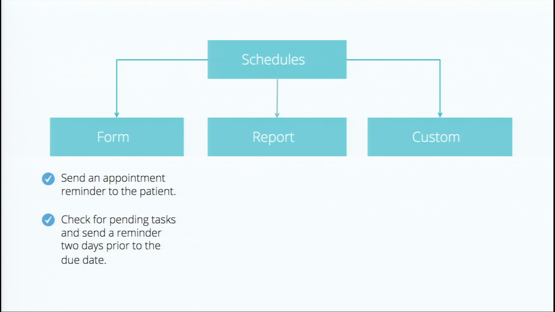So that's one thing that we can do using a form schedule. In each and every form you will have a date and time field. Wherever you have this date and time field, this will be taken as an input to run the schedule. So let's say I have the appointment at 8 a.m. tomorrow morning. That value will be taken into the schedule and it will send a reminder at 6 a.m.